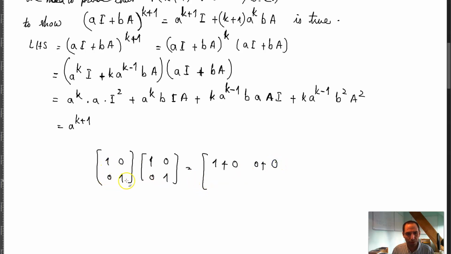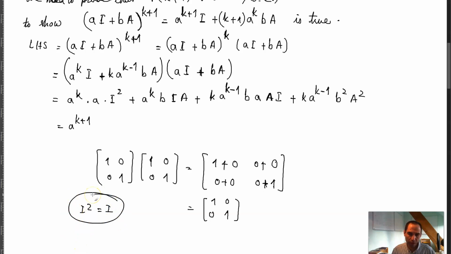And then you will have 0 plus 0. And then you will have 0 plus 1. As I suspected, that is 1001, which means that I squared is actually equal to I. Even if you calculate I cubed, you will end up with I. I raised to the power 4, you will end up with I. So I can write this as I.